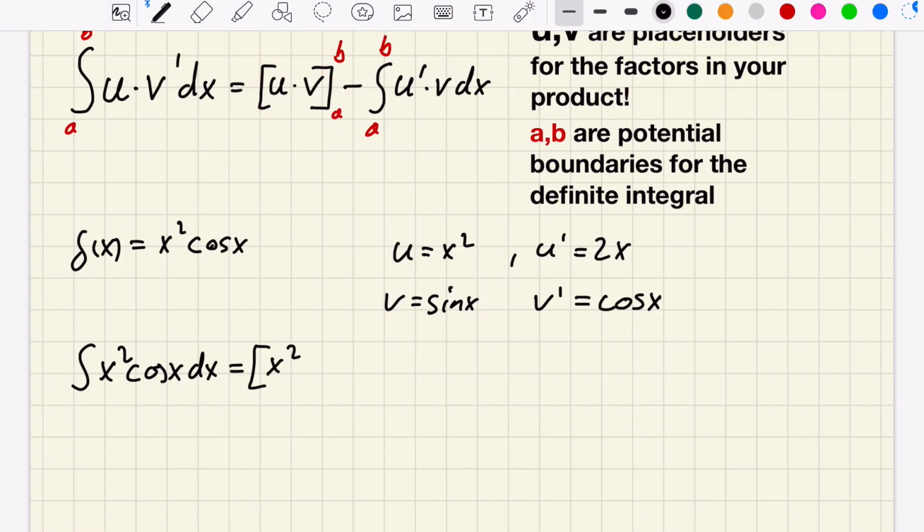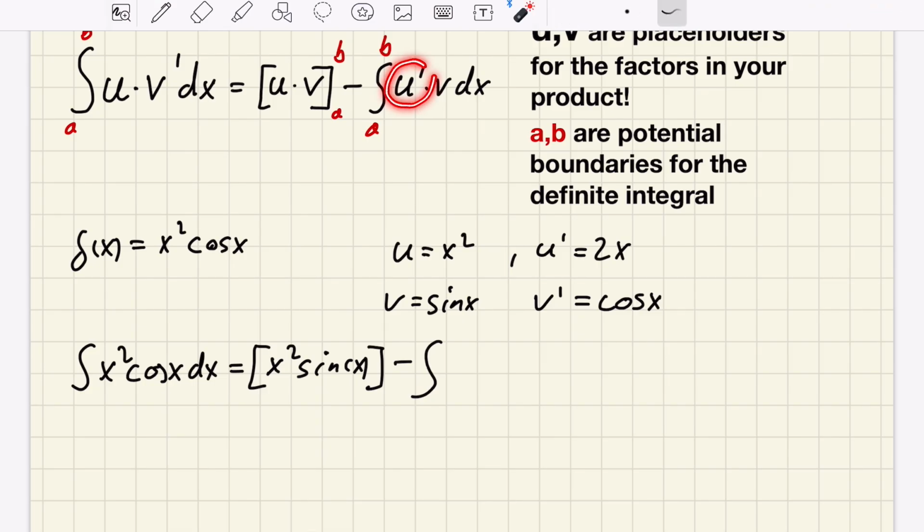So you have x squared sine x minus the integral of u dash, which is 2x, times v, and v is sine x dx.